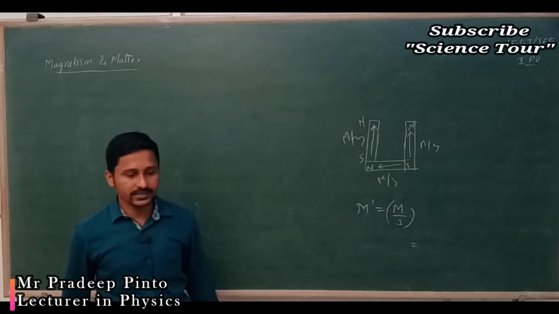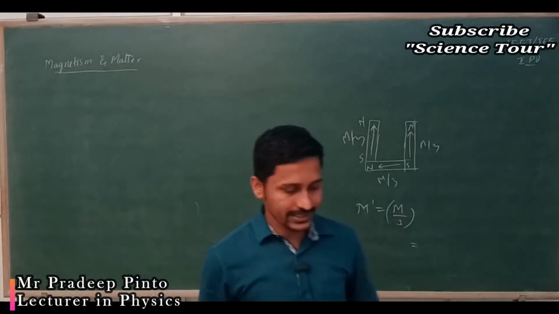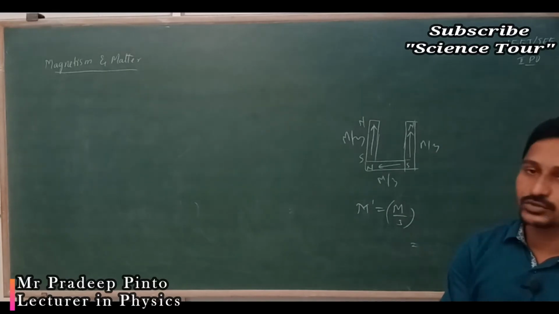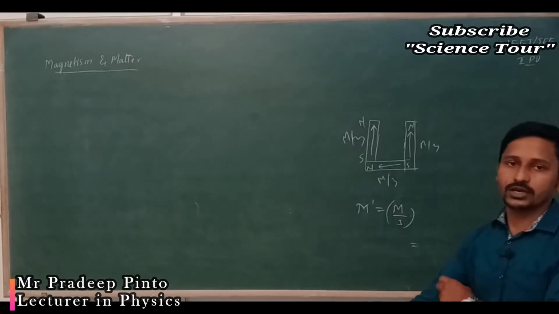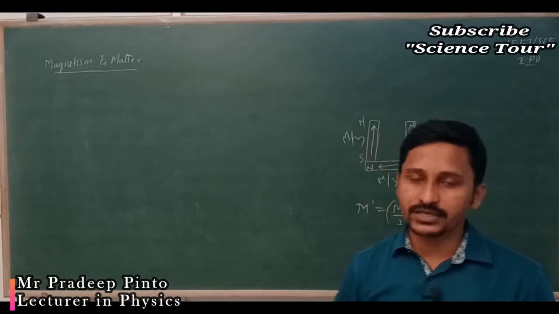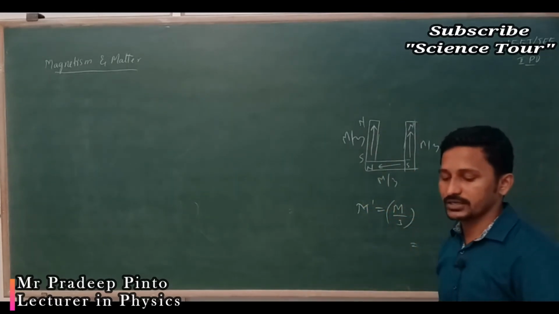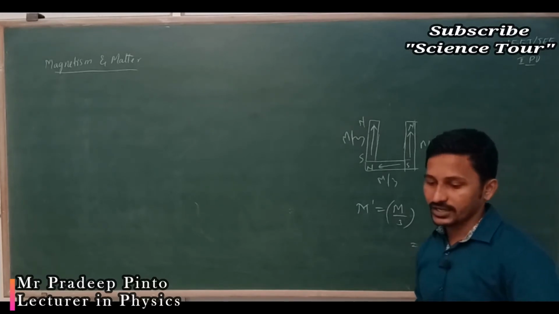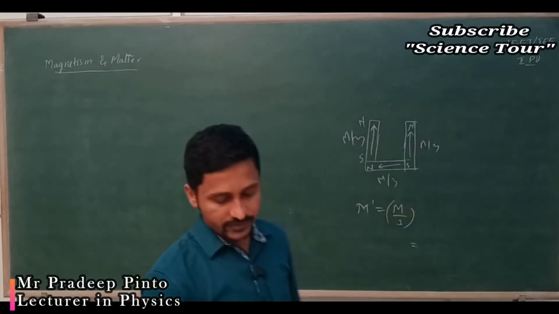Now if you use different orientations of a magnet, what are the different changes in magnetic moment we are going to get? That we are going to write.